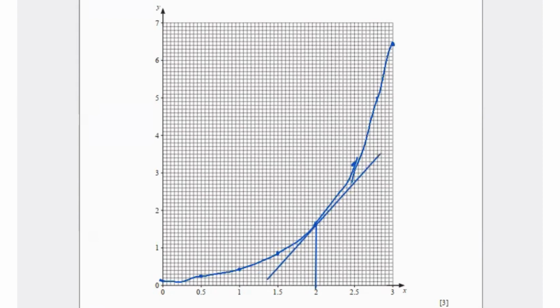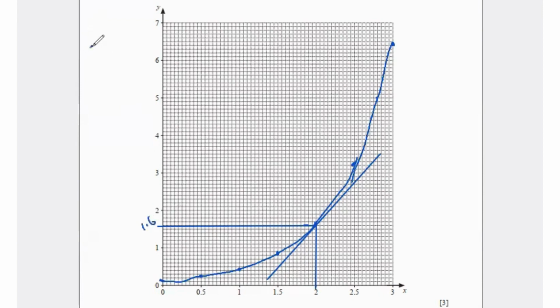This is a tangent at x equals 2. So what we're going to do is find the gradient of this line. And the gradient of the tangent will basically be equal to the gradient of the curve. So pick 2 points. The first one can be at x equals 2, which is basically going to give us 1.6.